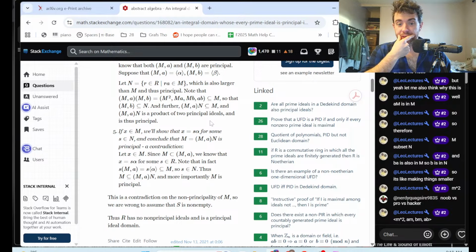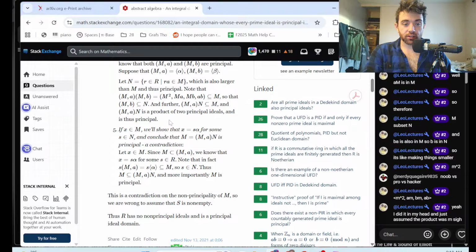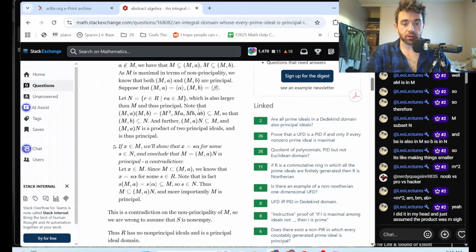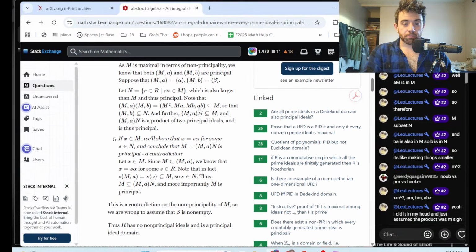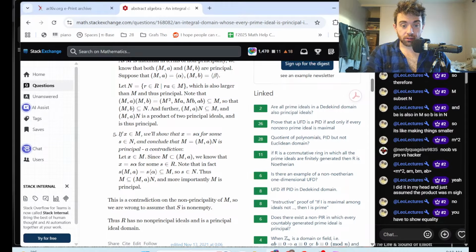Yeah. Well, that's basically the crux of the matter right there. Right, and then it's a product of principal ideals and thus principal. Wait, why is there a step 5? Isn't that the problem already? I guess we still need to show that it itself is principal. Right, because we just argued that the product is principal. X is equal to S alpha. I think they meant to write A there. And conclude that M is principal, a contradiction. Oh, I see.